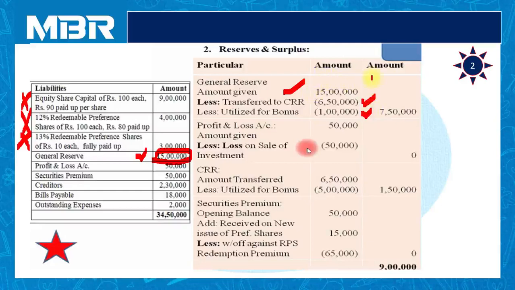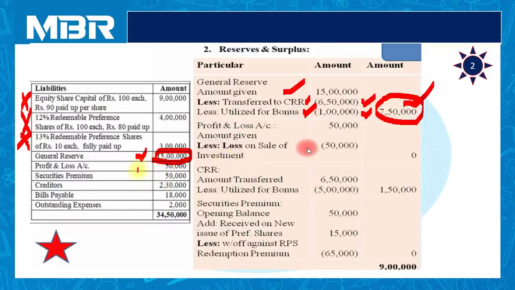Total amount available in general reserve account is 15 lakhs minus the amount transferred to CRR 6,50,000 and the amount transferred for bonus 1 lakh. So out of 15 lakhs, 7,50,000 is deducted. So the balance available to us is rupees 7,50,000.